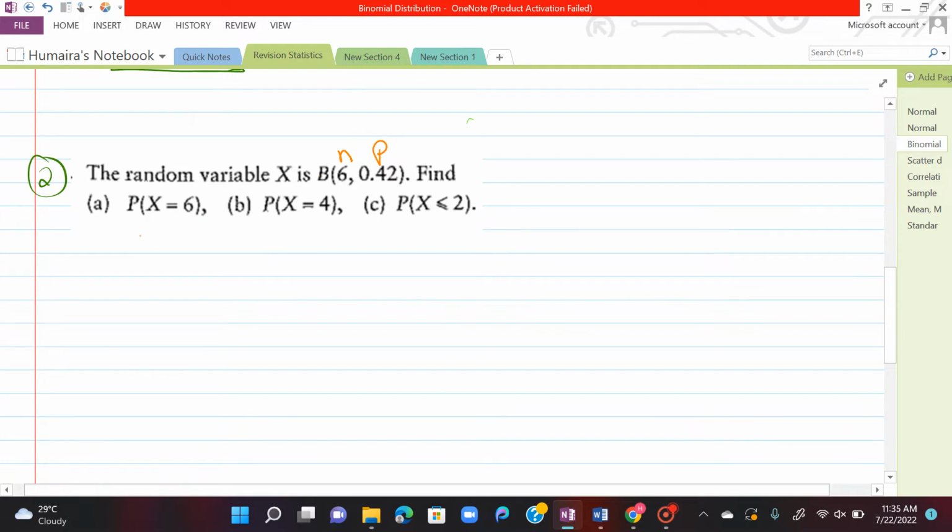Just put the value: 6C6 p^x, this is your x, and 0.42, and q is now what? Q is going to be 1 minus 0.42, so that is 0.58, right?